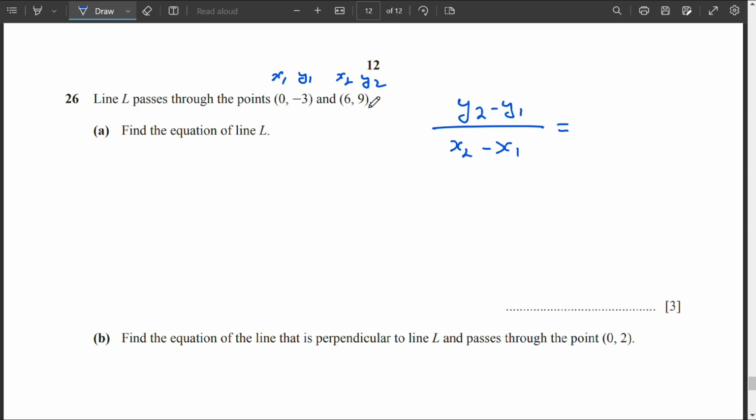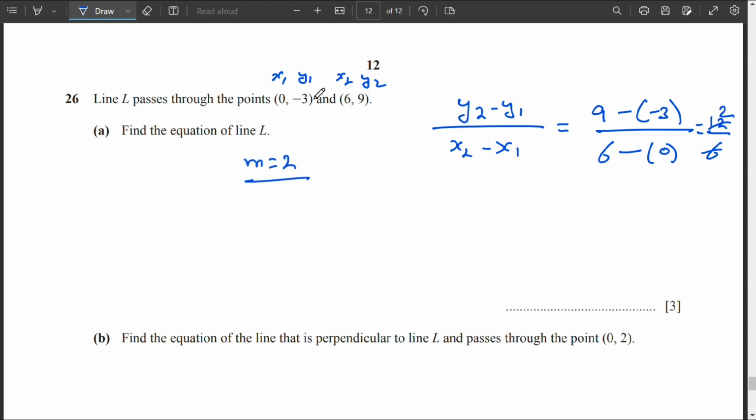And that equals y2 is actually 9 minus of minus 3 upon x2. X2 is 6 minus x1 is 0. So basically minus of minus 3 will become plus. So 9 plus 3 is 12 and this is actually 6. So this will be 2. So the slope of this line is 2. Now the slope of this line is 2 and you can take any point from this.